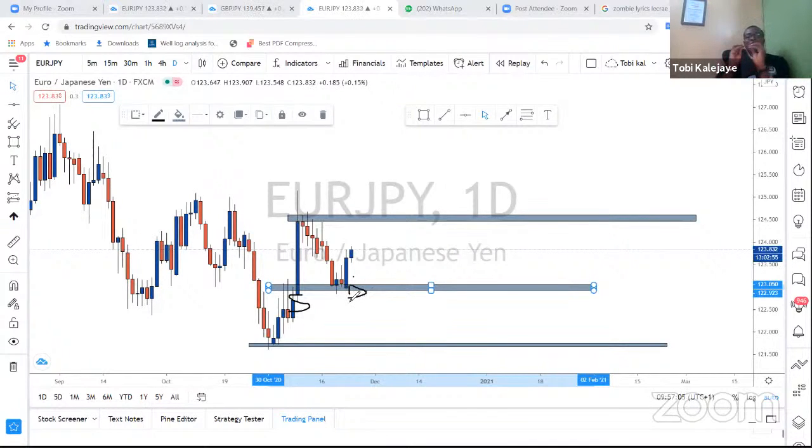Another thing I want you to have at the back of your mind and understand perfectly is the fact that price is always moving. There would always be movement. So expect demand and supply levels to be broken in the direction of momentum. If possible, you need to write that down. Expect support and resistance levels or demand and supply levels to be broken in the direction of momentum. So how do I anticipate that? If price gets to this demand level, will it hold?